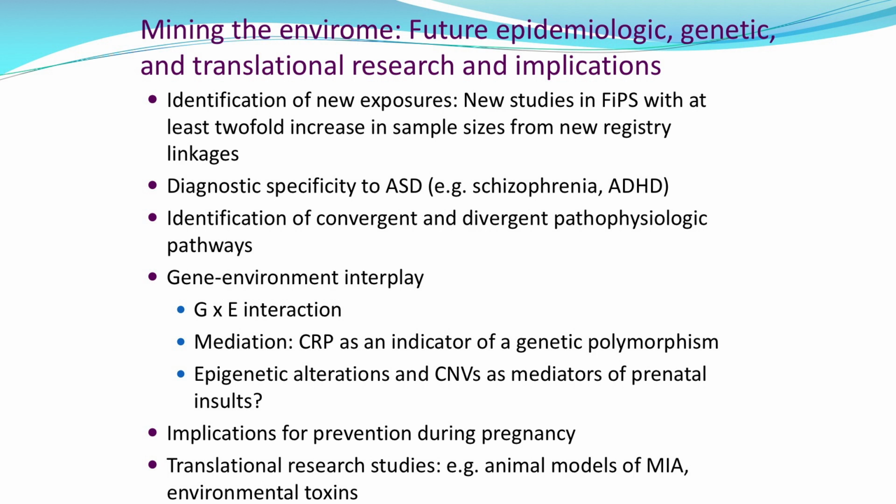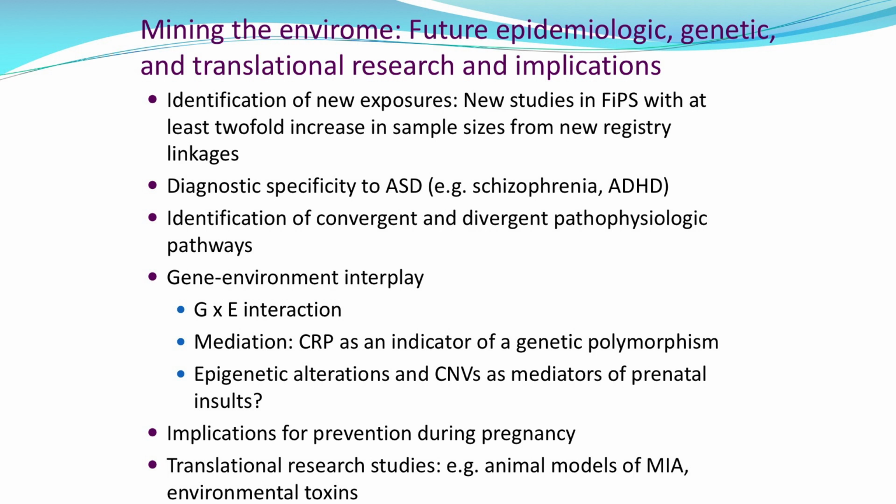We hope through our work, by looking at certain other biomarkers and animal studies, to look at both convergent and divergent pathophysiologic pathways that could explain why we're seeing associations between these prenatal biomarkers and some psychiatric outcomes. In some, we see similar biomarkers for things like schizophrenia and autism. Why is that? These are all open questions, and we hope they can be investigated further. Gene-environment interplay, I think, would be important. We can't do that in this cohort. There are some existing cohorts where there's the potential to study G by E interaction or mediation.